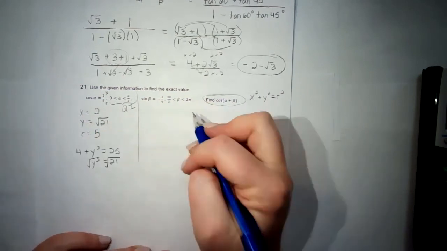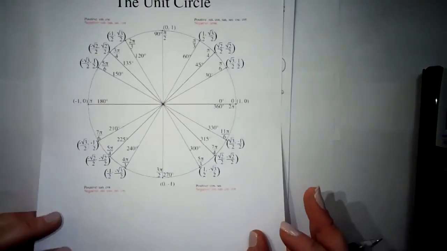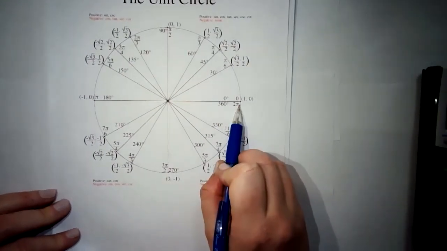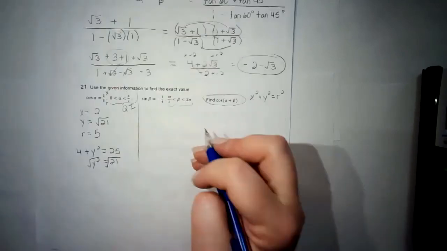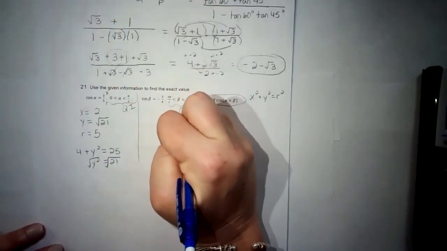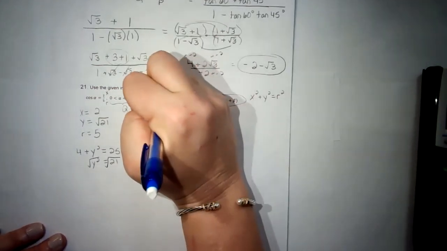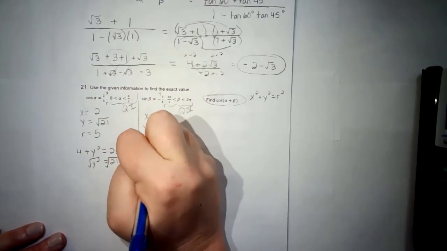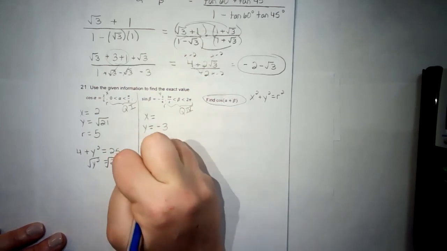Okay, let's now go through and do beta. Beta is located between 3 pi over 2 and 2 pi. So here's 3 pi over 2, here's 2 pi. That means beta is in quadrant 4. Okay, that's really important because that tells us y is negative. So they gave us sine, it's y and r. Okay, our y is negative 3 from quadrant 4.